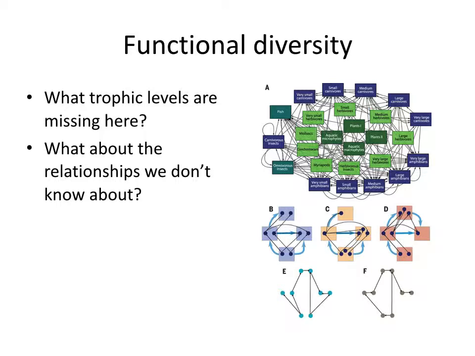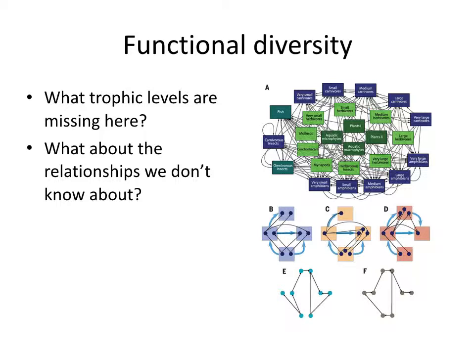Another way of looking at this would be that having 3 plant species versus having 2 plant species may not matter unless you're changing the functional relationship between the plant group and some of the other functional groups. Say, for instance, if the one plant species that you lost happens to be essential for the survival of a keystone species, then you'll change the function of the entire ecosystem by removing that one species.